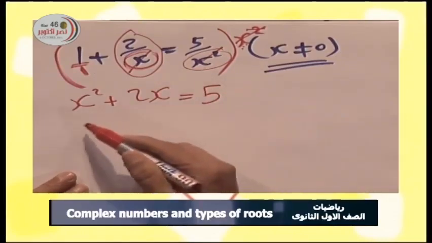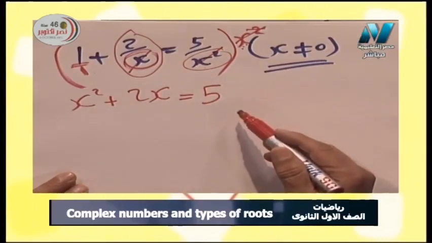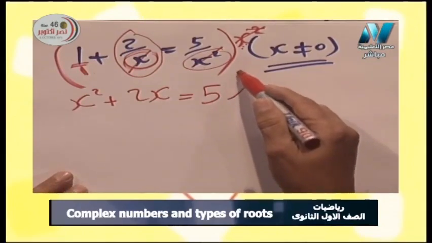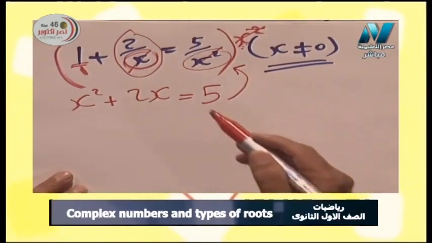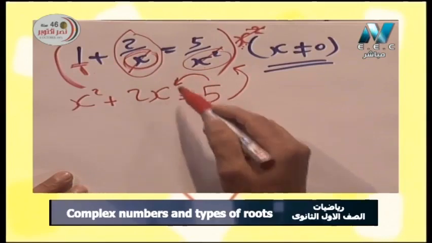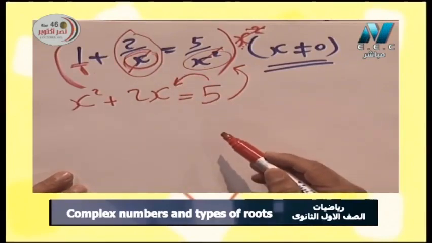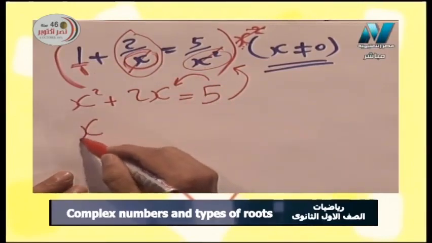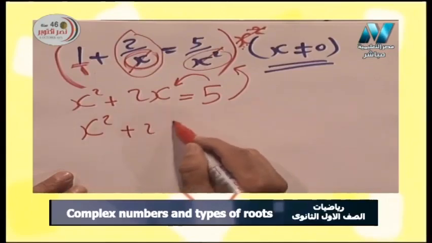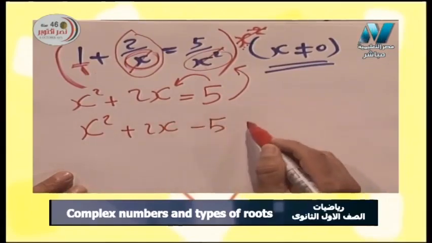So this equation is simpler than the first one, but we must move 5 to the left side. We have x² plus 2x minus 5 equals 0.